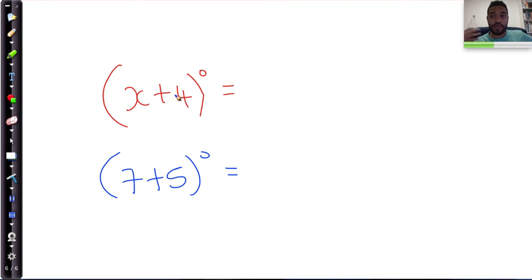I've got to follow my order of operations: brackets first, then exponents and powers, then multiplication and division, left to right, then addition and subtraction. So the very first thing I need to look at here is the bracket. If I say 7 plus 5, it simplifies to 12, and then I get 12 to the power of 0.